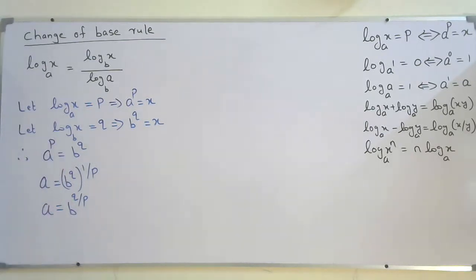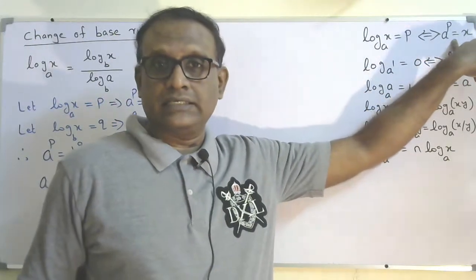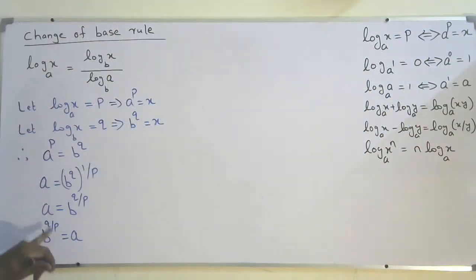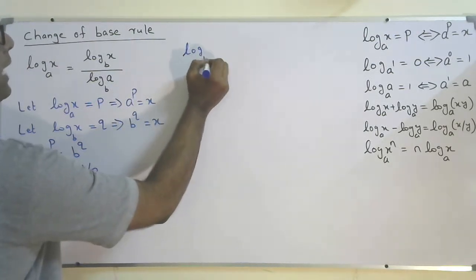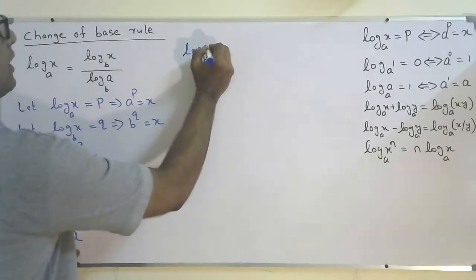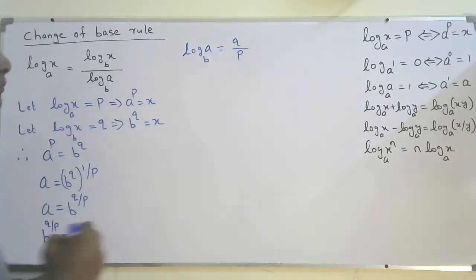Make this the subject: b to the power q over p equals a. Now I'm going to use the definition of logarithm here. b to the power q over p equals a means log base b of a equals q over p.